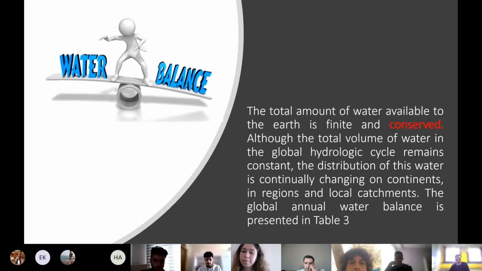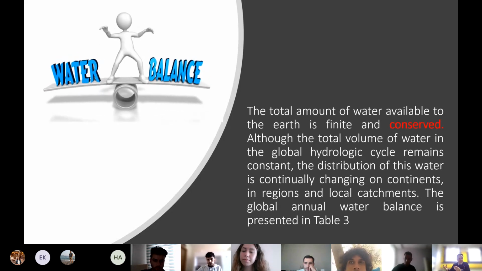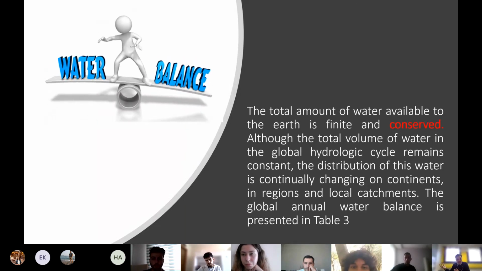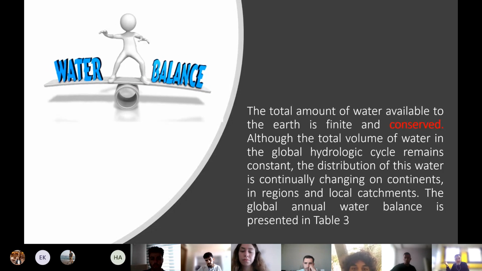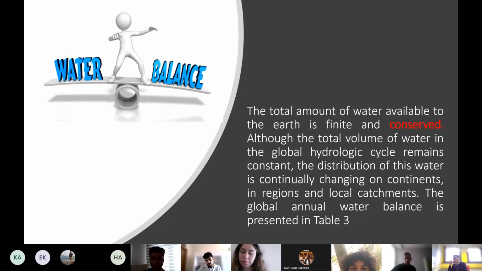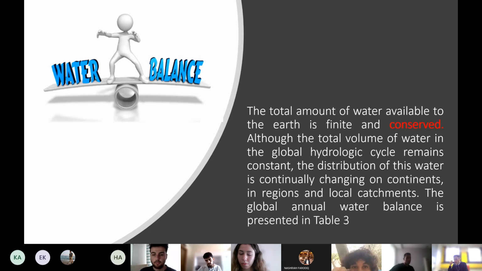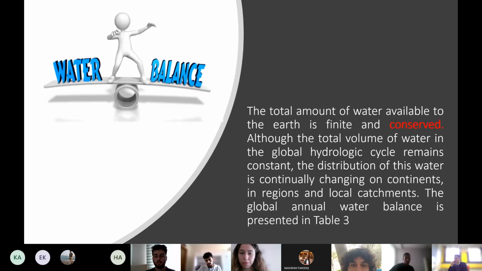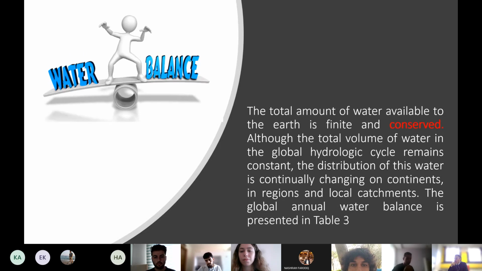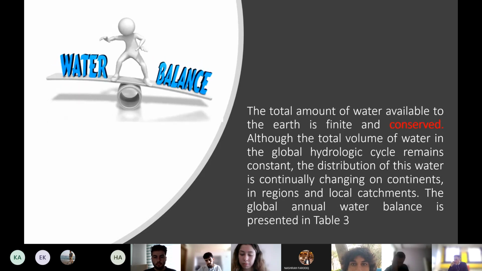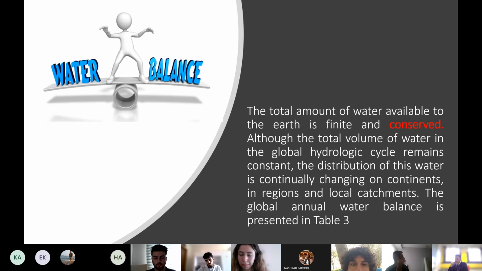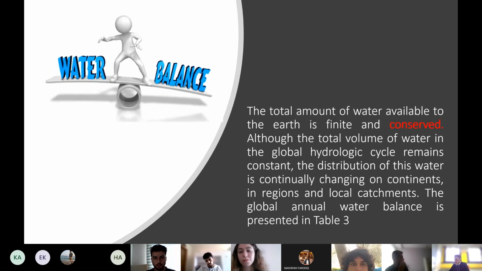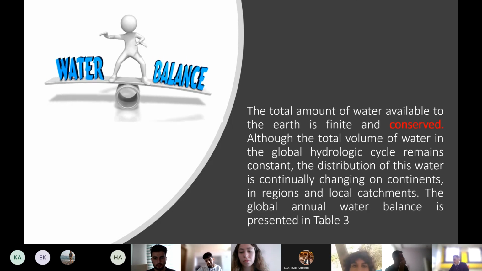Water is constant, or it changes from phase to phase, from time to time, from location to location, but its amount at global scale is constant. The total amount of water available to the Earth is finite and conserved. Also, the total volume of water in the global hydrological cycle remains constant. The distribution of this water is continually changing on continents, in regions and local catchments.